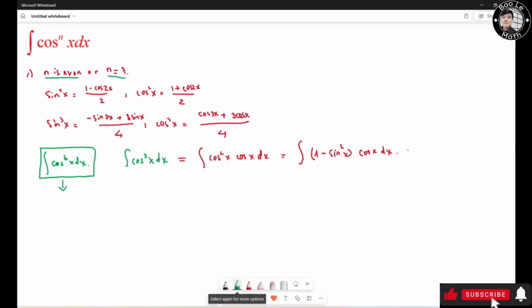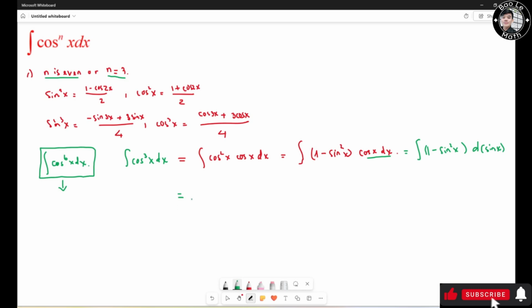So this one can be written as 1 minus sine square of x, and cosine x dx is going to be d sine x, because the derivative of sine x equals cosine x.